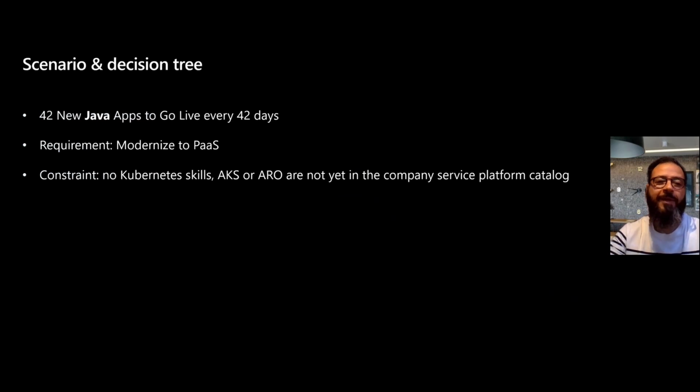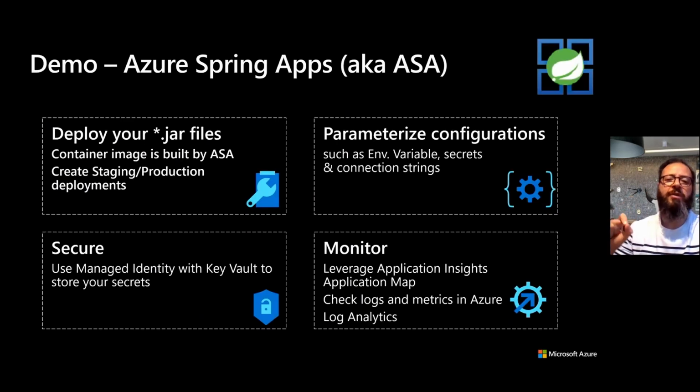Now, this is the scenario I propose for this webinar. Say you have 42 new apps to go live every 42 days. The requirement is to innovate, so you are encouraged to modernize to PaaS services. So in this case, it's different. I don't need to write a Dockerfile.